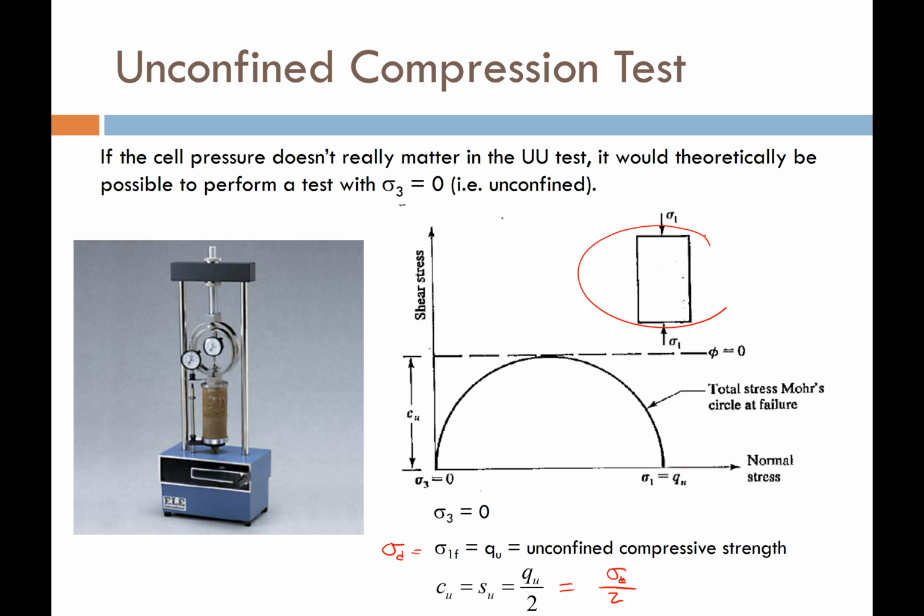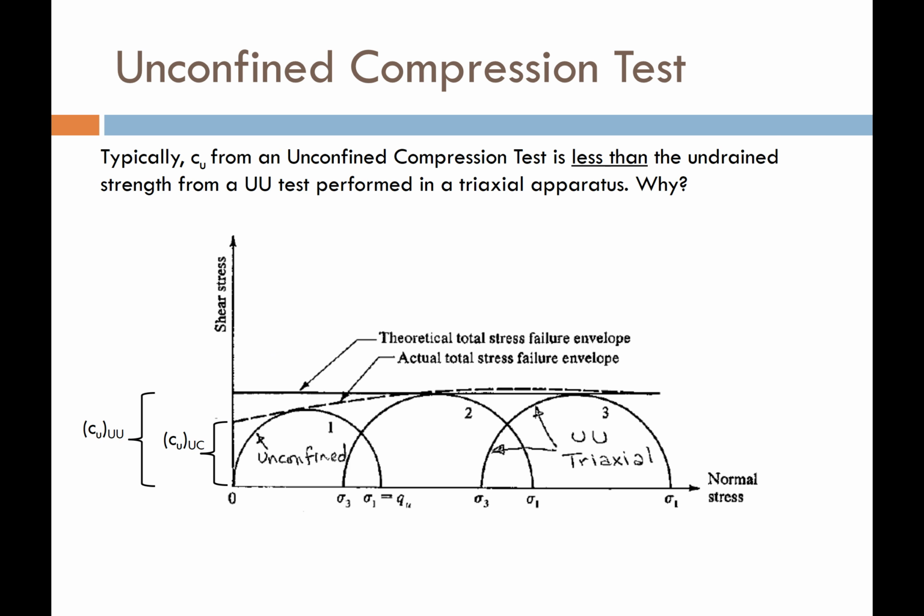Because there's no confinement around the soil, moisture is free to leave the soil as it wants to. Not only that, but we can expect a lot of other effects to happen, such as unraveling or lack of confinement. And because of that, we're going to see something interesting.